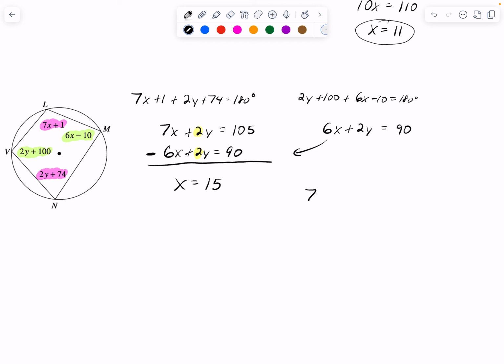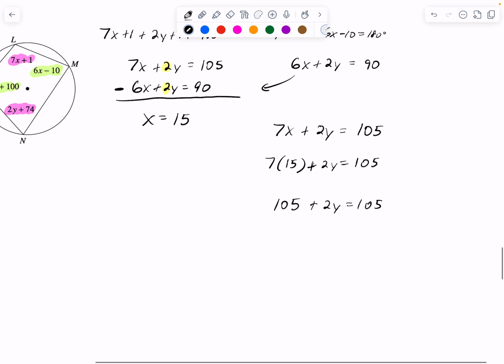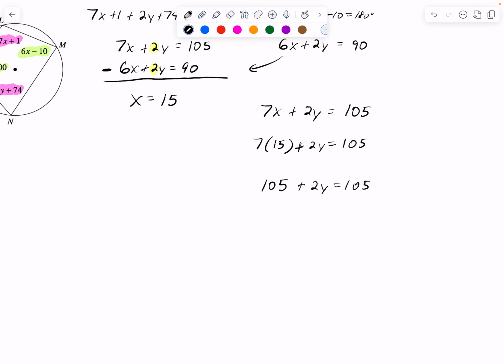I'll plug into the 7x plus 2y equals 105. So 7 times 15 plus 2y equals 105. So 7 times 15 is 105. Plus 2y equals 105. Just confirm that. That doesn't seem right. Is that right? No, it is right. Okay. Move that 105 over with subtraction. You get 2y equals 0, so y equals 0.